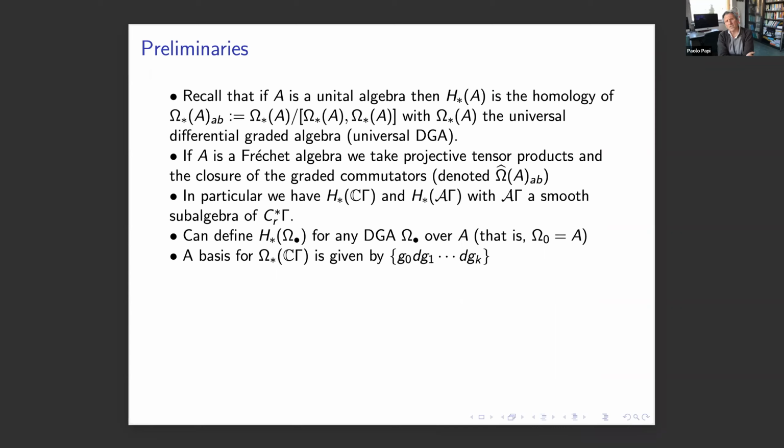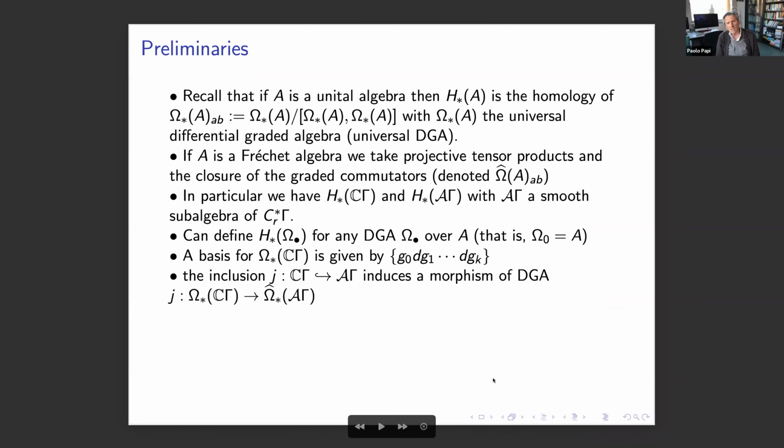That is very well explained in a little book by Karoubi, called Homologie cyclique et K-théorie, something like that. It's a little book where the LaTeX is very old, but the mathematics is very clear, in fact.